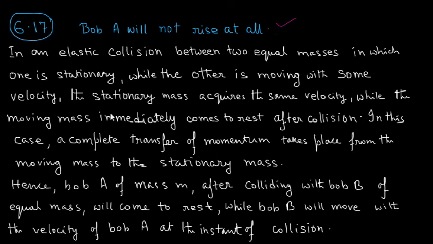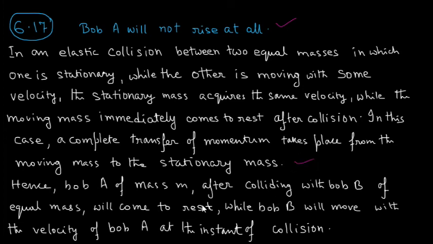Why? Let us see the explanation. In an elastic collision between two equal masses in which one is stationary while the other is moving with some velocity, the stationary mass acquires the same velocity while the moving mass immediately comes to rest after collision. In this case, a complete transfer of momentum takes place from moving mass to the stationary mass.